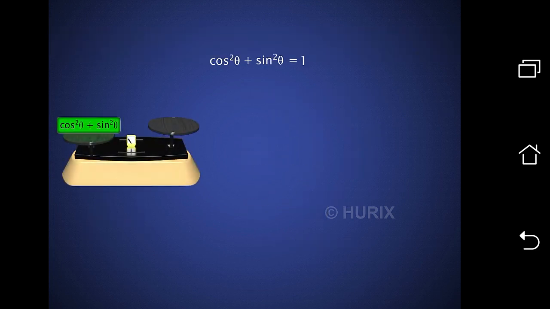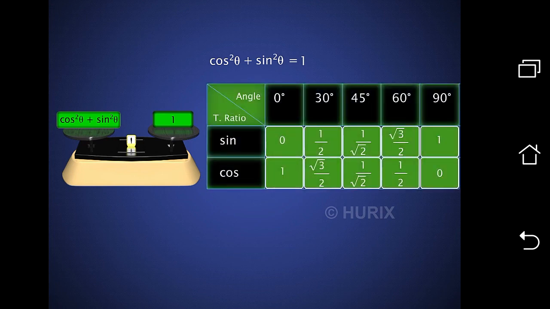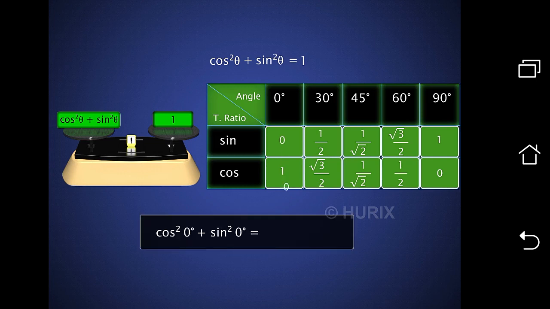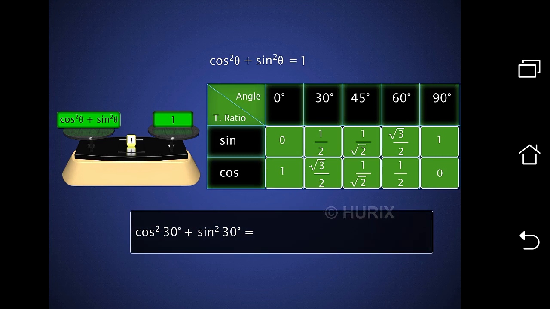Cos squared theta plus sine squared theta equal to 1 is a fundamental trigonometric identity. Let's verify it by using the values of sine and cos for some specific angles. Let's start with 0 degrees. The value of sine squared 0 plus cos squared 0 is equal to 1. The value of cos squared 30 plus sine squared 30 is equal to 1.